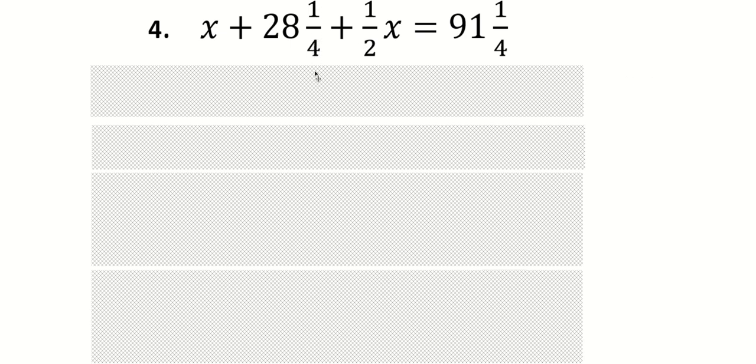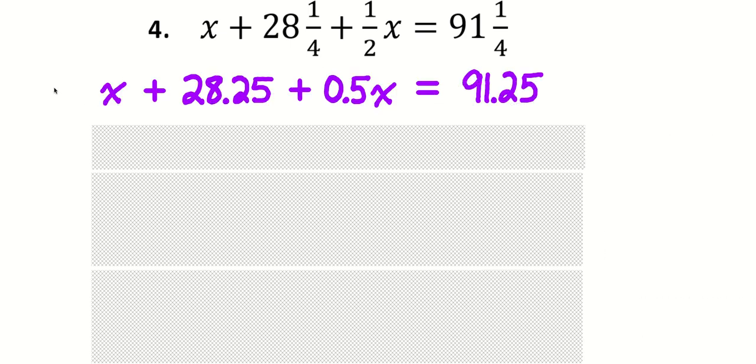So rather than keeping them as mixed numbers or even turning these into improper fractions, what I did here is just write it as a decimal. 28 and a fourth is equivalent to 28.25, and 1/2 is equivalent to 0.5 as a decimal, and over here, same. So you don't have to write it like this, but I think it helps, especially if these are really nice decimals from certain fractions.